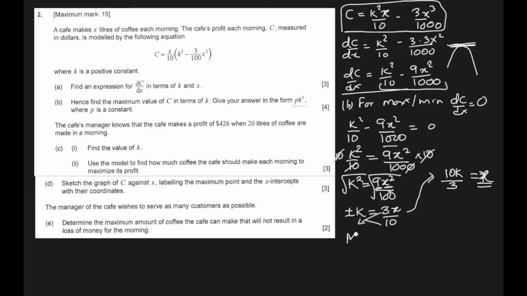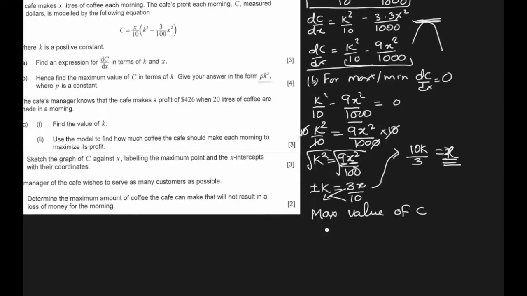So maximum value of c equal to, okay, we have k square x over 10. x is now 10k over 3, over 10. All right, minus 3 over 1000 x cube, 10k over 3 cubed.